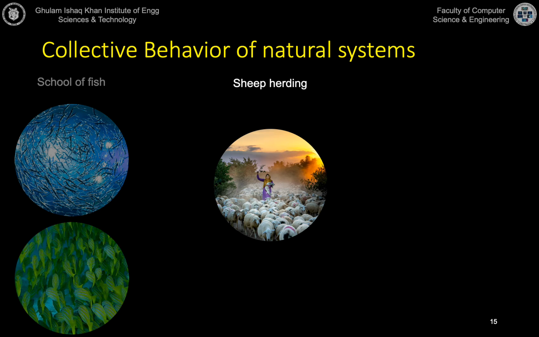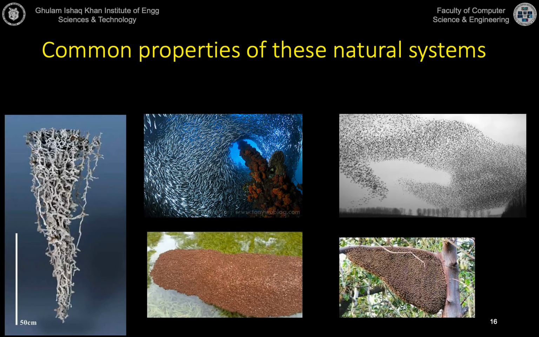This brings us to define the common properties of all of these natural systems. You have seen how ants build really complex colonies, and if you put molten aluminium inside the ant colony, you are going to see a structure that is really large, up to maybe a few meters down in the earth, and it's really complex as well. It's not a straight line or something, but an extremely complex structure.